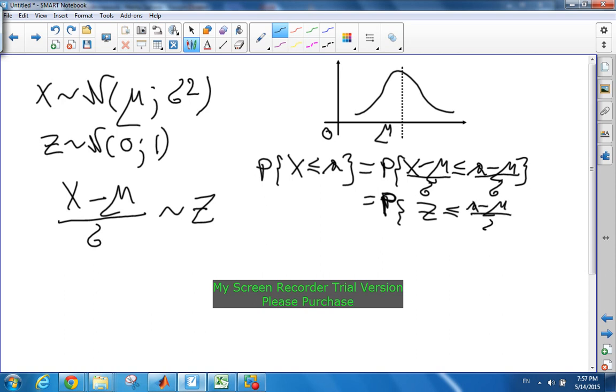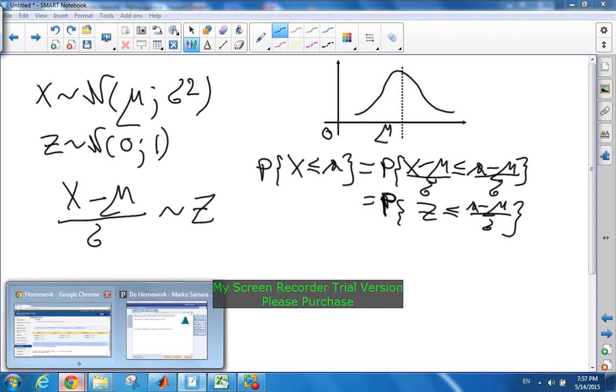I compute this number in a concrete example, and this is the cumulative probability for the standard normal distribution, so I can use the z-score table that we used in section 6.2. Similarly, you can find probabilities that x falls in between a and b. Again, subtract mu and divide by sigma, or the probability that x is greater than some value a or some value b.